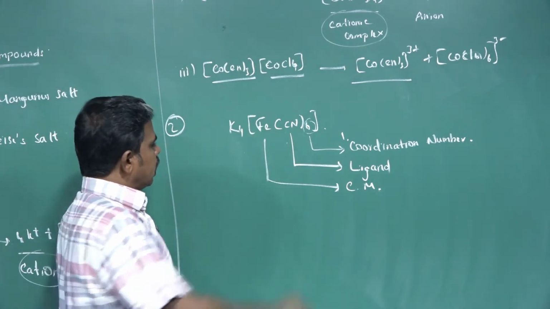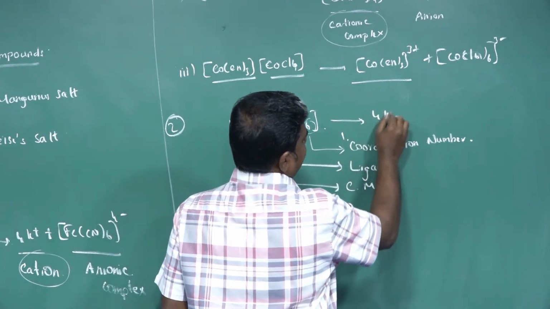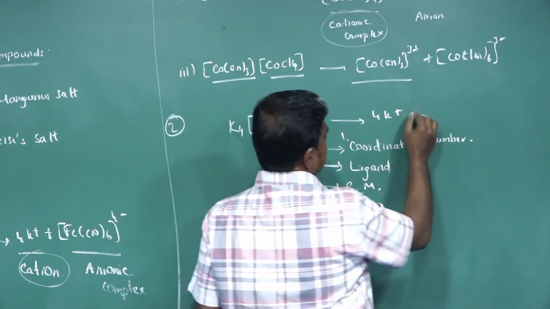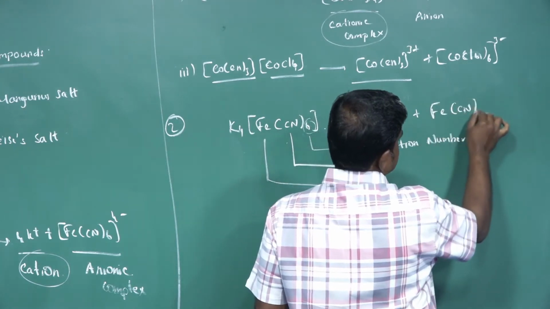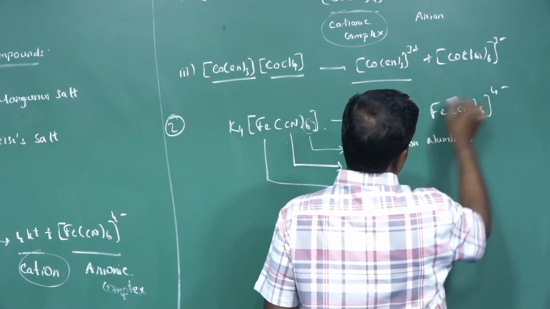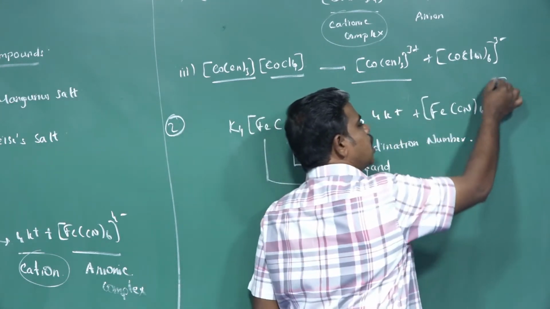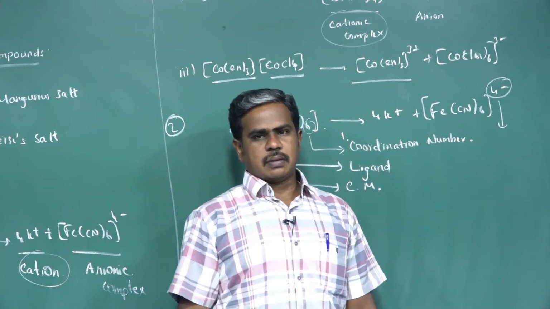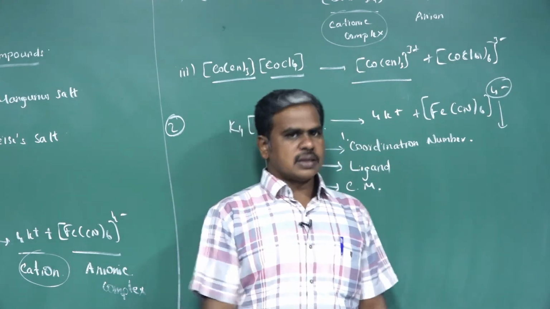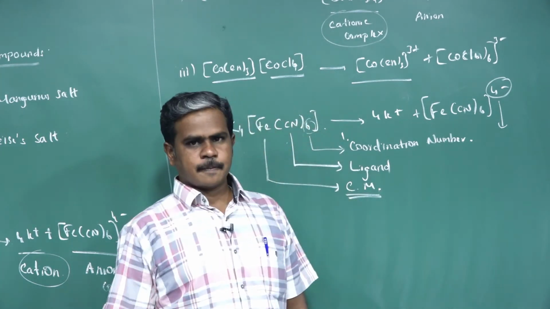And one more, if you take here 4K+ and [Fe(CN)6]4-. Now consider the charge of a complex. Depending upon the charge, we name the central metal atom.